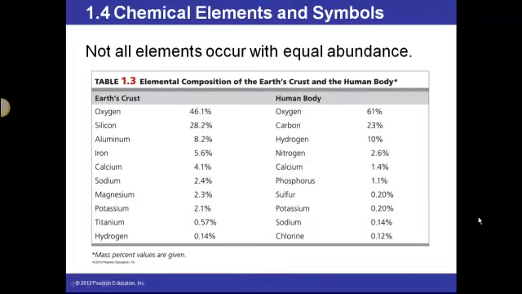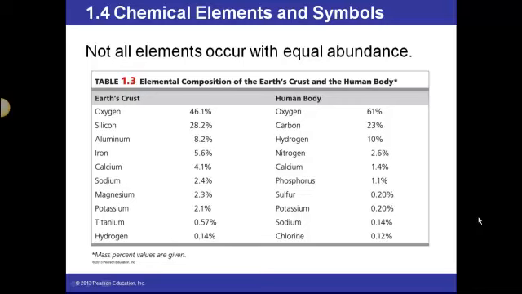So this is just showing that there are different abundances of different elements that are present on the Earth. And there's different concentrations in different organisms, and there's different concentrations of these elements in outer space. So depending on where your location is, you're going to have different concentrations of the different elements. Within the Earth's crust, the most common 2 elements are going to be oxygen and silicon.